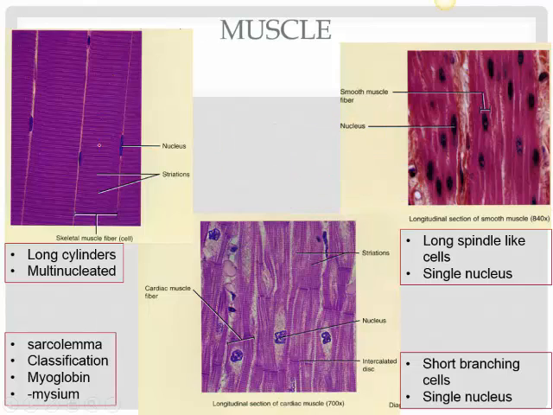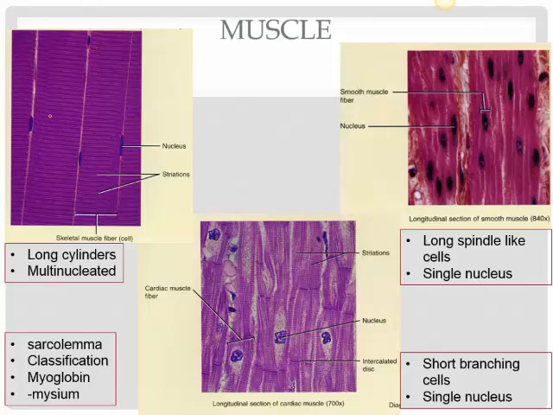Notice this banding pattern, so that's why we say it is striated. Also, because many cells stuck to each other, the nuclei are all present in this long cylinder. So one single skeletal muscle cell is multinucleated. It has many nuclei. Notice up here, 1, 2, 3 nuclei in this muscle cell. One in this because you can't see the others.